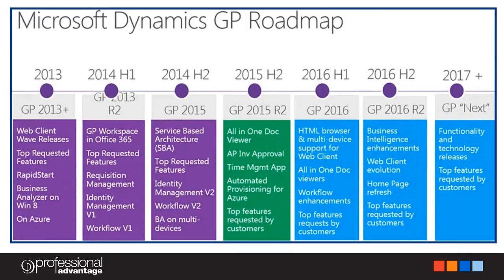As an example, the workflow piece was initiated in 2013 and then continually enhanced through 2013 R2 and 2015 R2, all the way to where we are today in 2016. So it's good news in terms of upgrading, in terms of those features becoming available, as well as good news from a future perspective with a roadmap already planned from Microsoft on GP 2016.